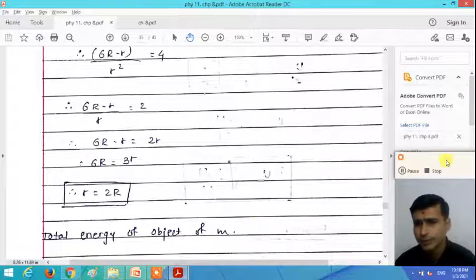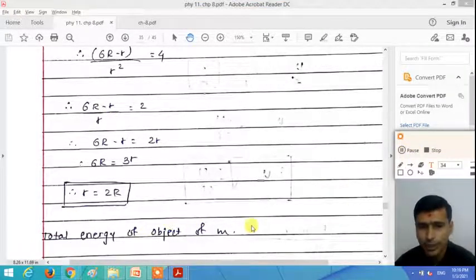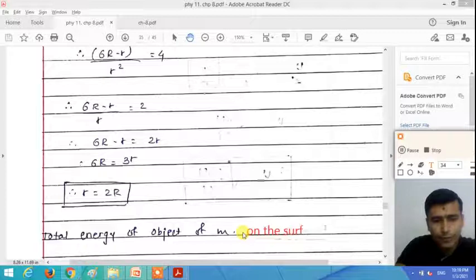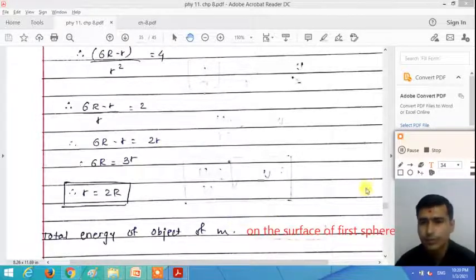So first, the total energy of the object on the surface of the first sphere, right? How can we calculate the total energy? The total energy is equal to kinetic energy plus potential energy, right?